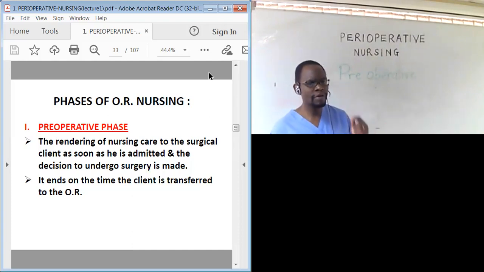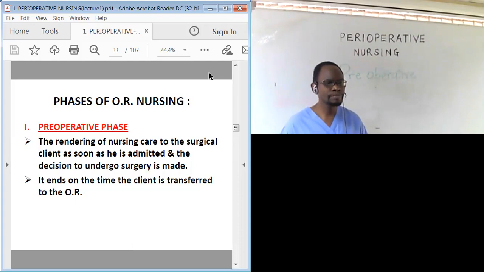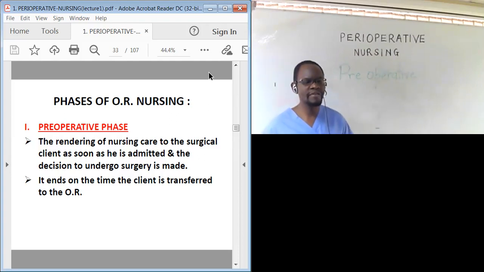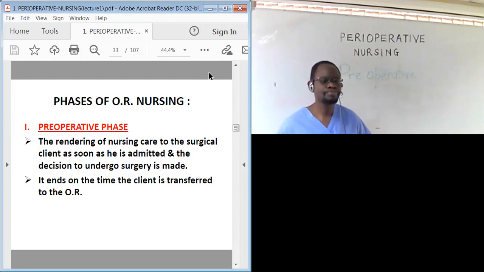The rendering of nursing care to the surgical client as soon as they are admitted and the decision to undergo surgery has been made. And of course, it ends at the time when the patient has been transferred into the operating room, or what we refer to as the OR.